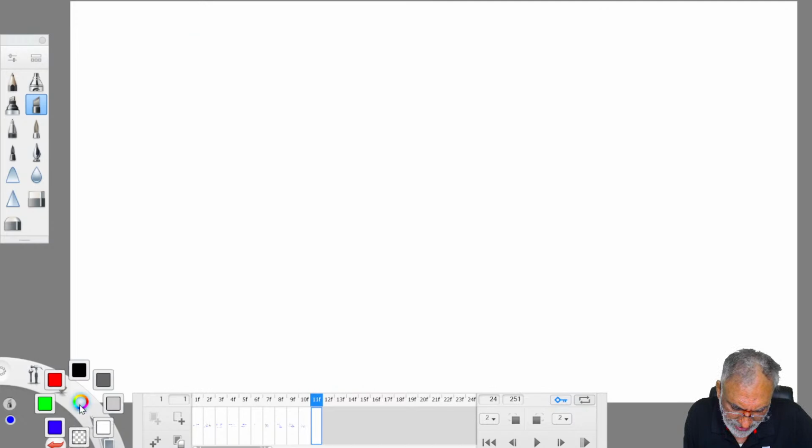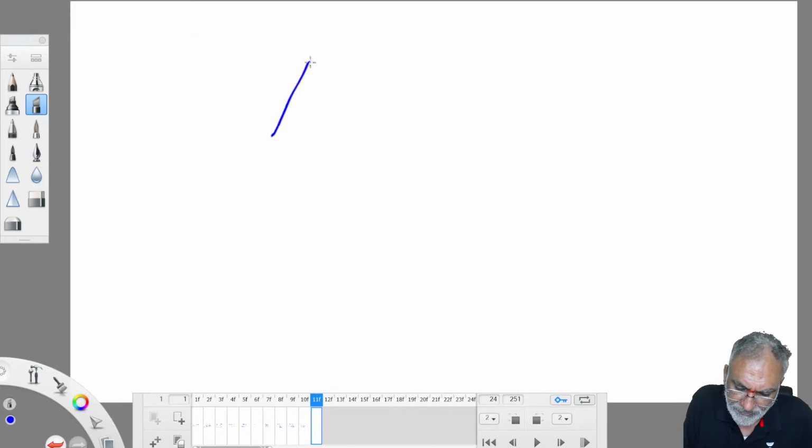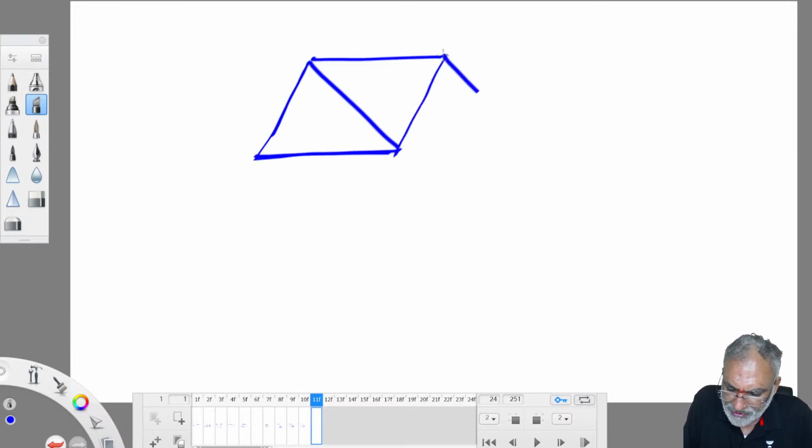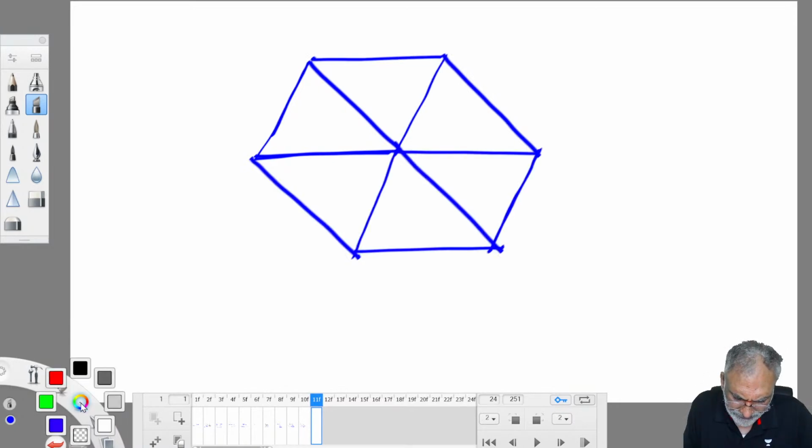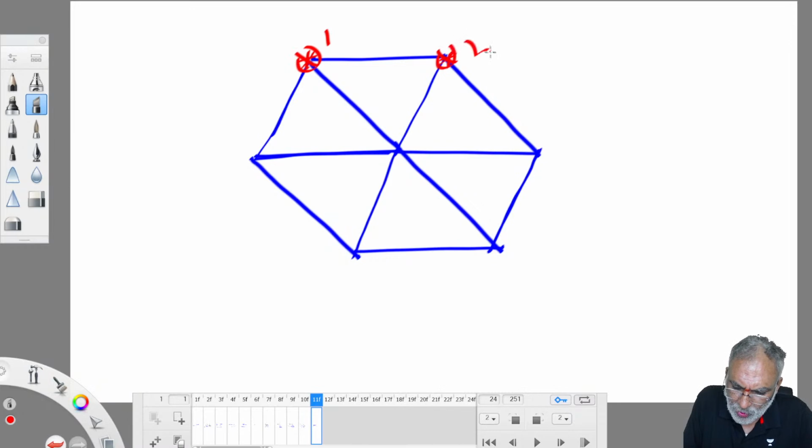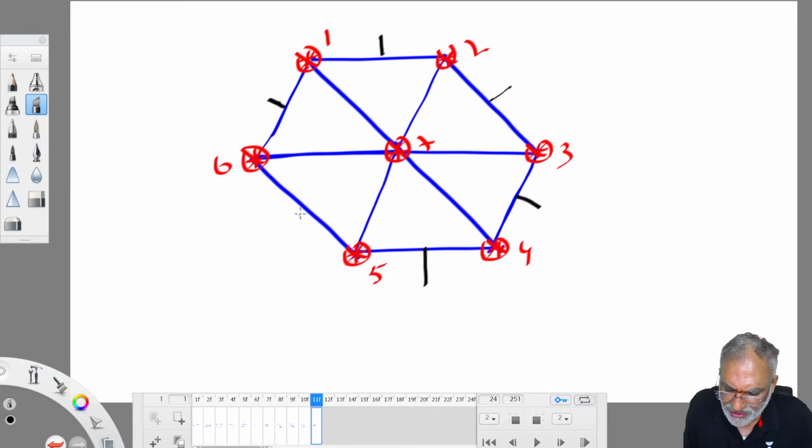So this is a regular hexagon. Separately I am drawing it again. All adjacent stations are already connected, you need not do it. Now the perpendicular bisectors: for this line, this is a bisector, center and 90 degrees. So bisectors are drawn. Now you join all the bisectors smoothly.